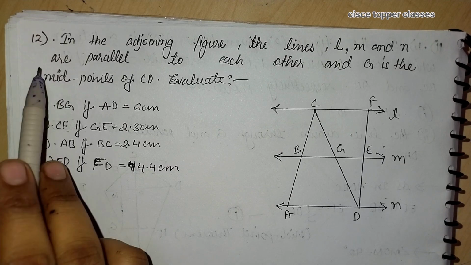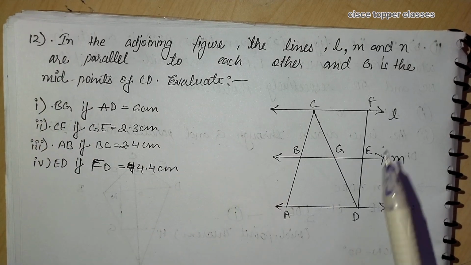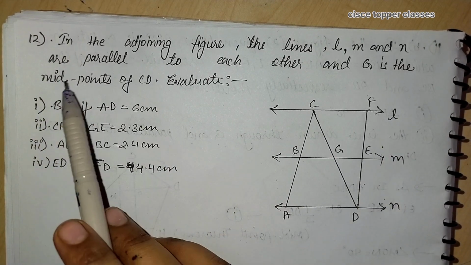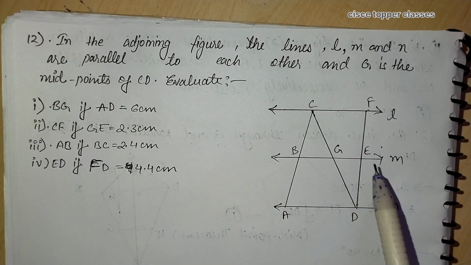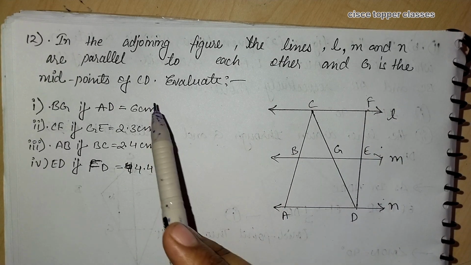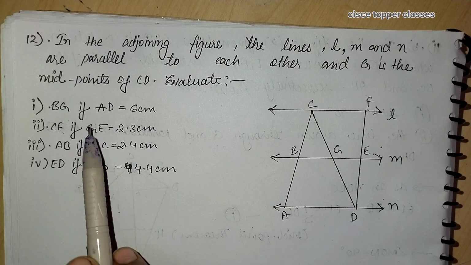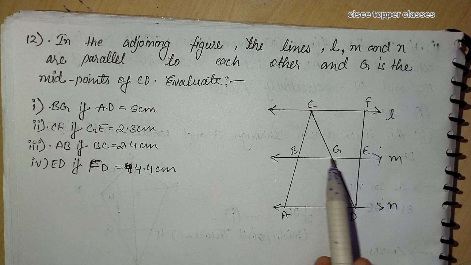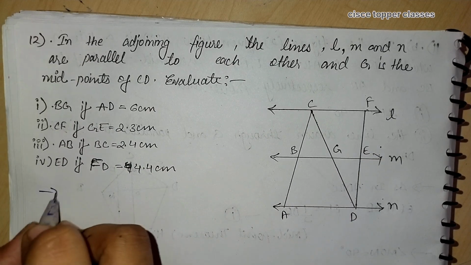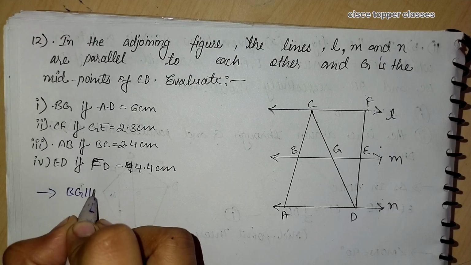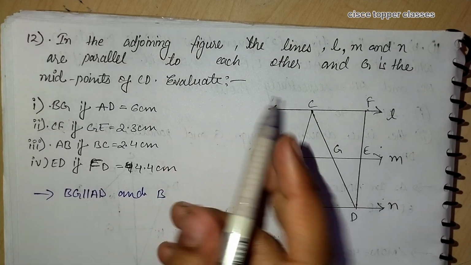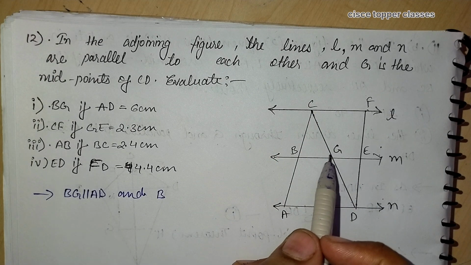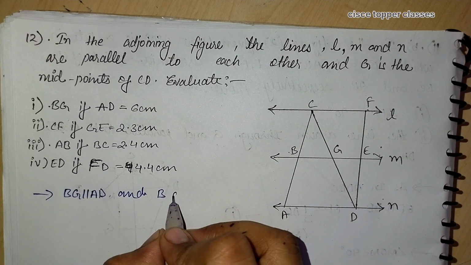Now let us solve the 12th question. In the adjoining figure, the lines L, M and N are parallel to each other and G is the midpoint of CD. Then we have to evaluate BG, if AD is equal to 6 centimeters. As BG is parallel to AD and G is the midpoint, B will also be the midpoint.